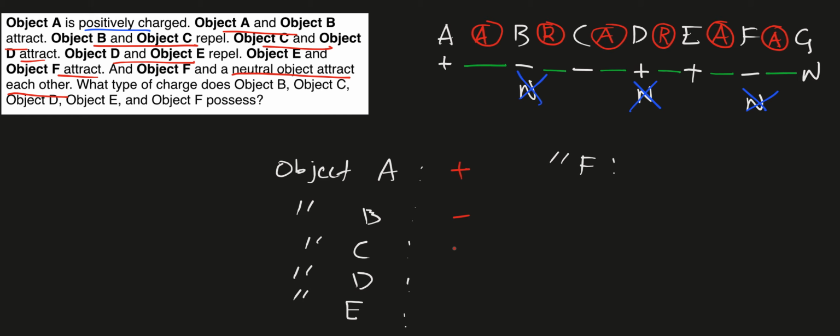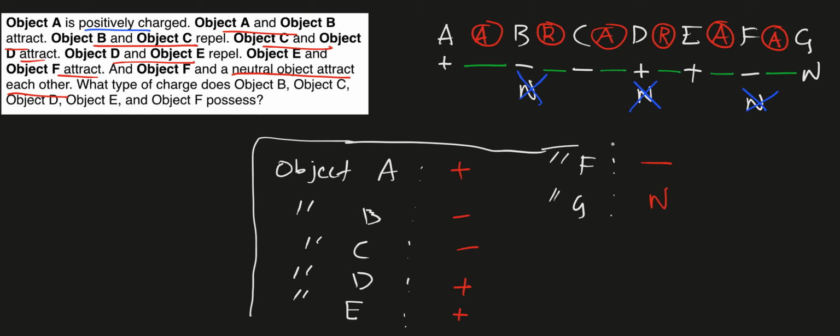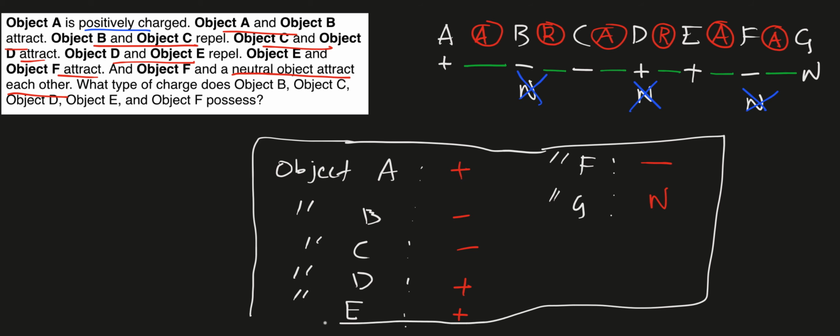Object B is negative. C is also negative. I'm just writing it from this chart. D is positive. E is positive. F is negative. And if we wanted to include G, why not? That would be neutral. So we have only 1 neutral out of all of these here. And these will be sufficient for our results from this experiment, I guess you could say.